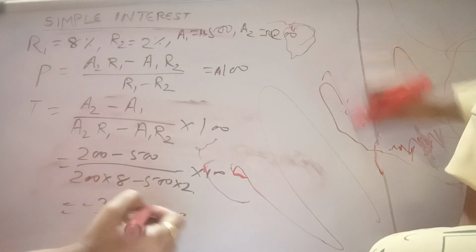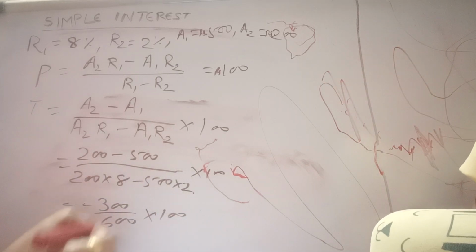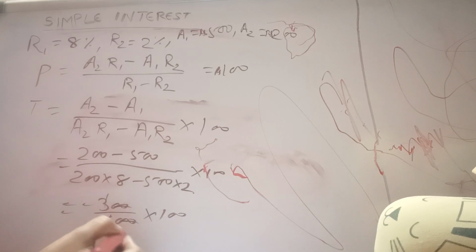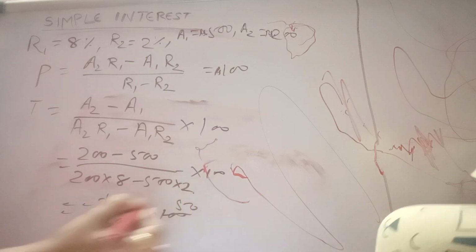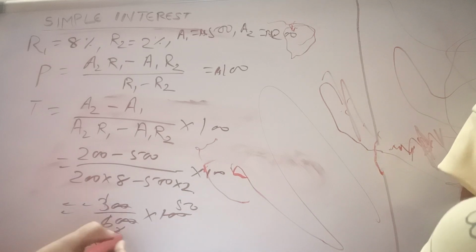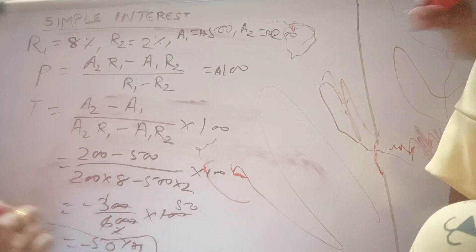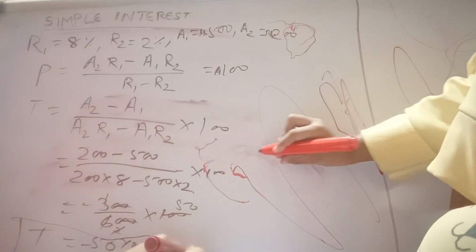This will be minus, equals 50. So minus 50 years. T will be minus 50 years. This is the answer.